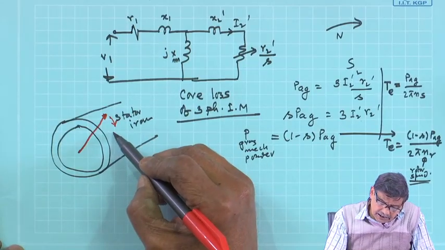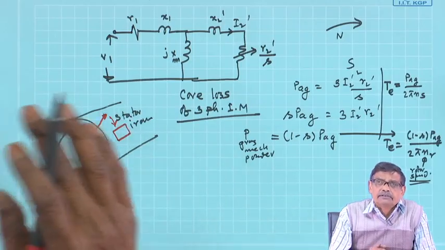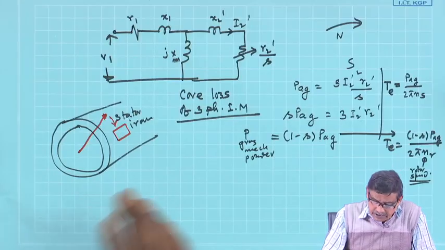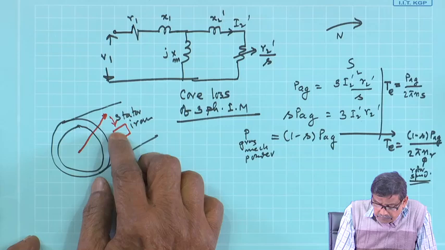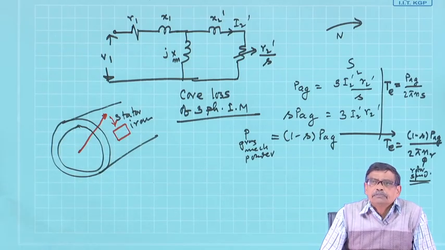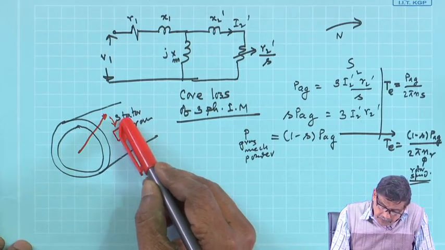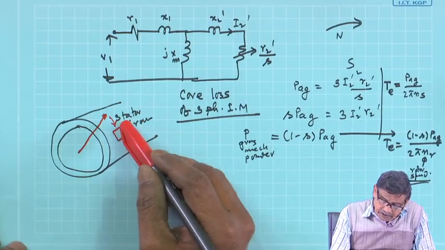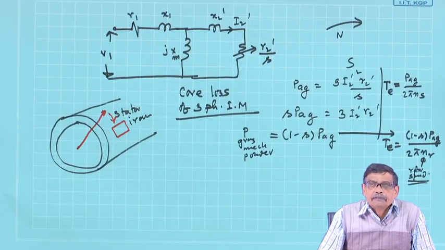Therefore, if you consider any conceivable closed path on the stator iron surface or inside the stator iron, with time this loop will see a rate of change of flux linkage, and therefore, there will also be current in this loop, and these are called eddy currents, and they will cause power loss on the stator.